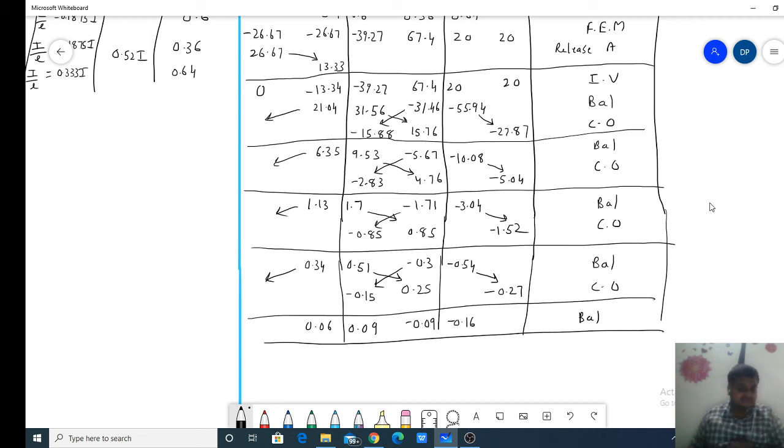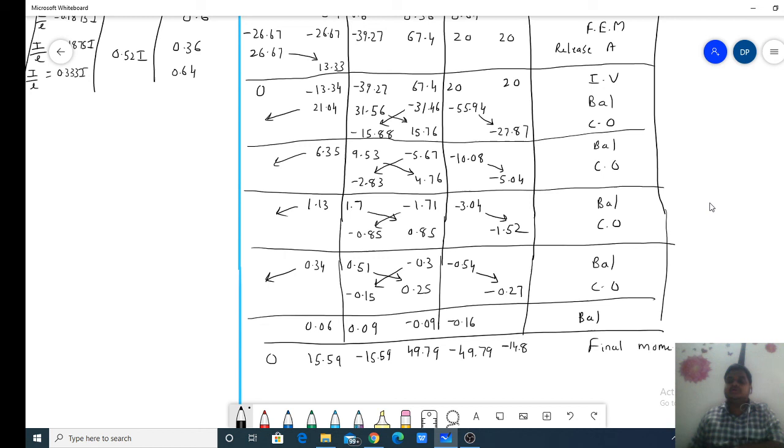Now after this I need to add all the values, right. So once you add, this comes out to be 0, this is 15.59, and this is minus 15.9, 15.59, so this comes out to be 49.79, this comes out to be minus 49.79, and the last value, this comes out to be minus 14.8, right? These are my final moments. So here you can write final moments.